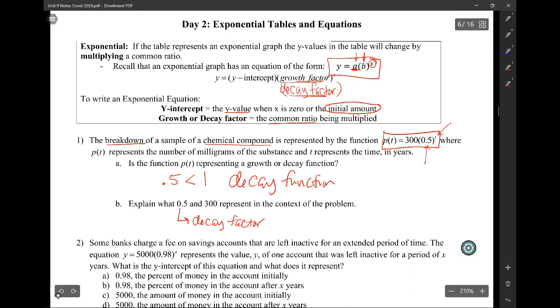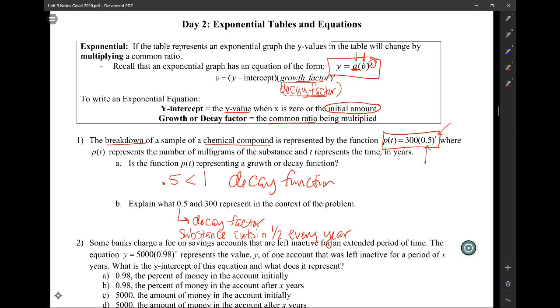So the decay factor is the fact that the substance decays or cuts in half every year. So then what does the 300 represent?